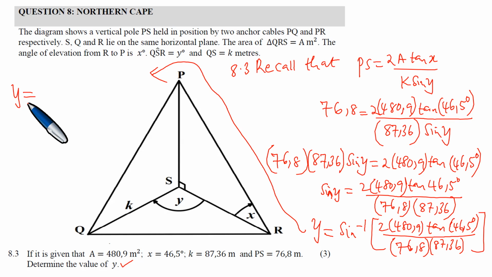Now let's continue to find the trigonometric tangent of 46.5. And we get that it is divided by 76.8, multiplied by 87.36 in the denominator. And what is then the result of this? These can be obtained with ease.